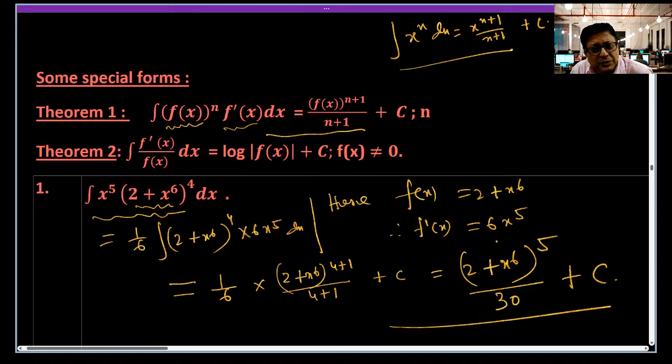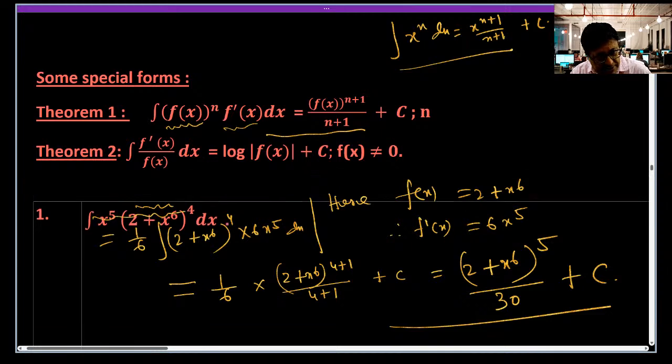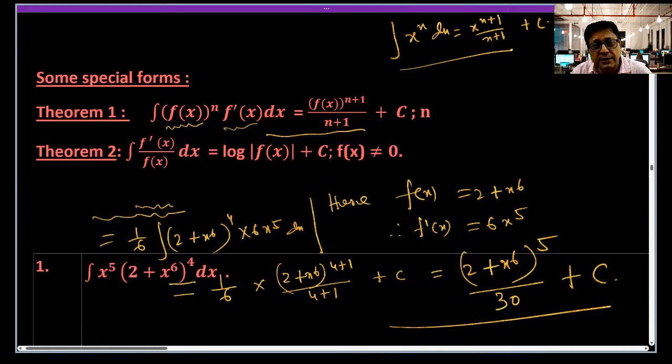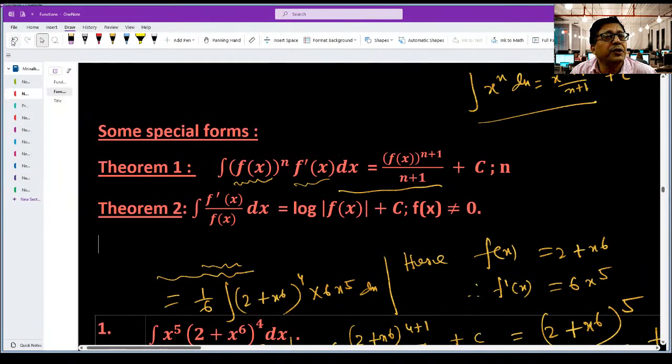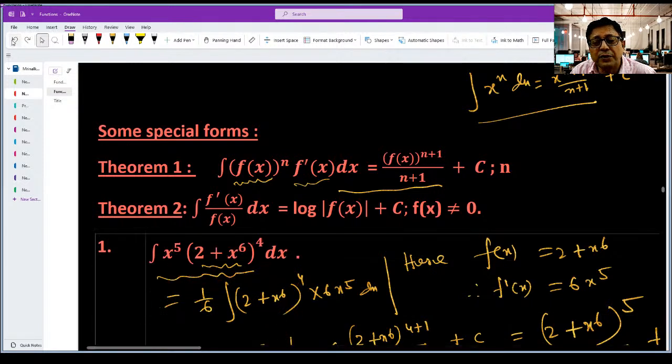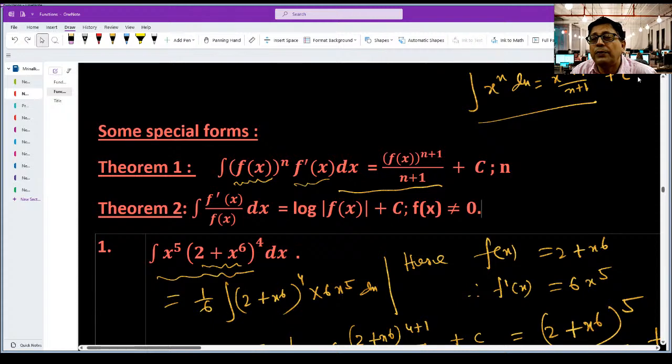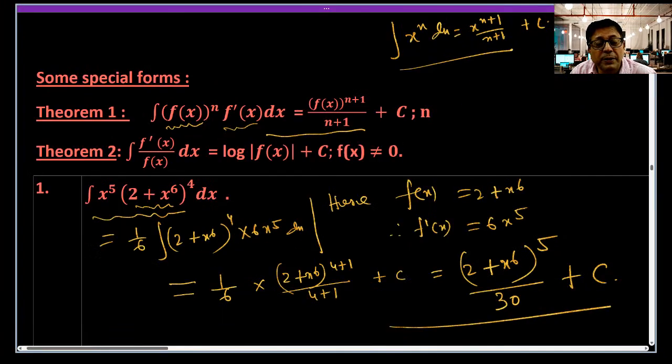Understand? So whenever this form is there, you will be writing the answer straightforward. Similarly, another form is there. If there is f(x) and f dash x, f dash x in the numerator and f(x) in the denominator, then the answer is going to be log of mod of f(x) plus c.